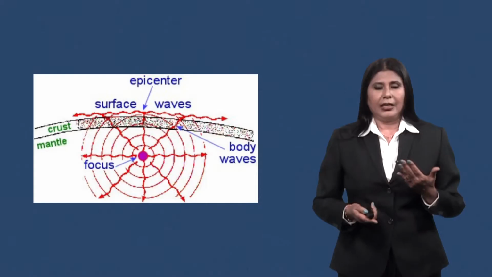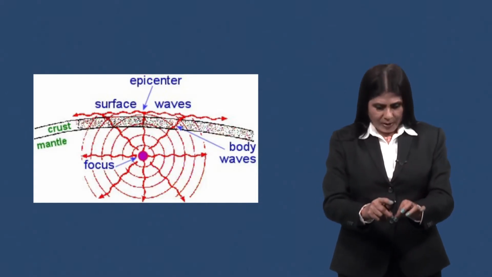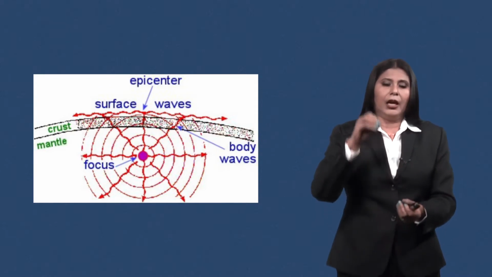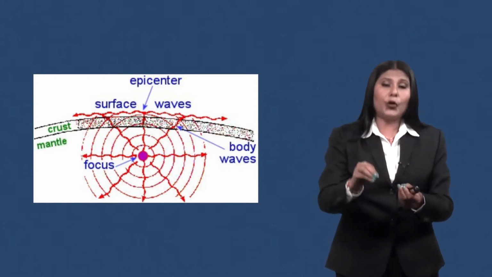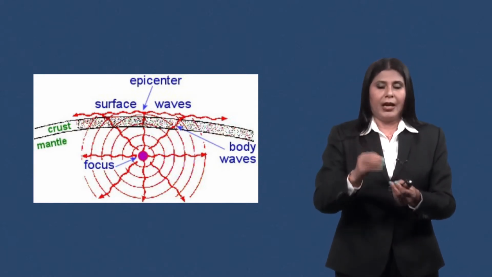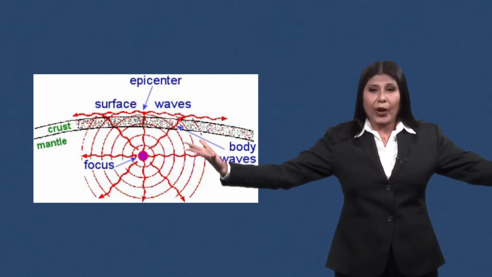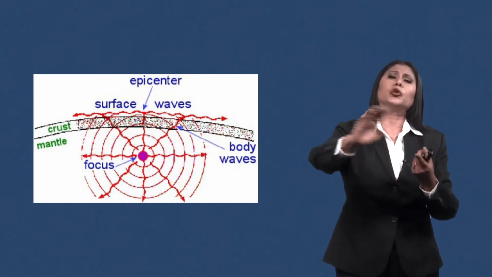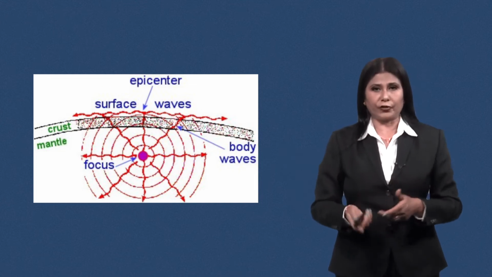We use this information, and let us see how we do that. Our earthquake is happening right at this moment. However close or far, it is going to create waves, and these waves are going to go to every point on the surface of the earth.